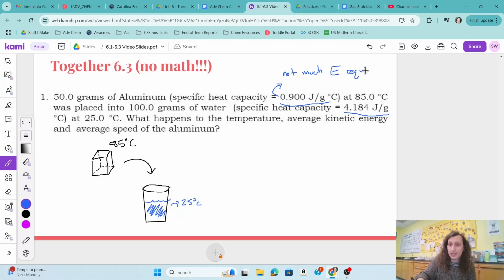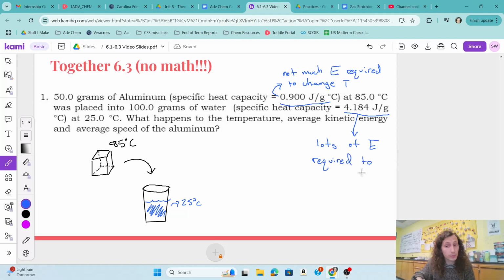If you have a high specific heat, like water's specific heat capacity is almost 5 times as big, then it will require a lot of energy to change temperature. And you know this if you've ever tried to boil water and it took like 15 minutes or more, the pan heated up real quick, that metal pan. But your water's temperature took a long time to change.